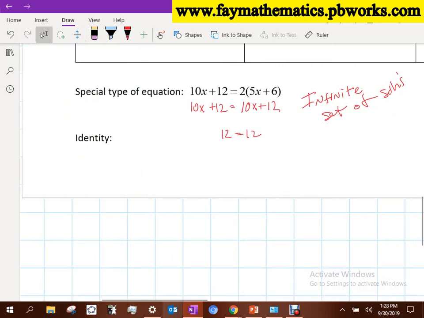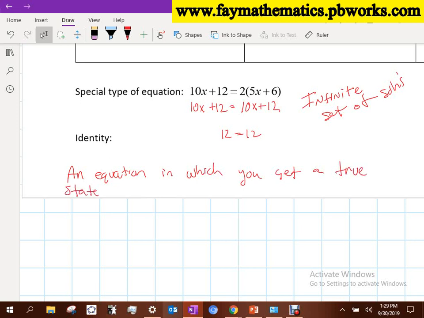Okay, so an identity, folks, an identity is an equation in which you get a true statement regardless of what your variable value or quantity is.